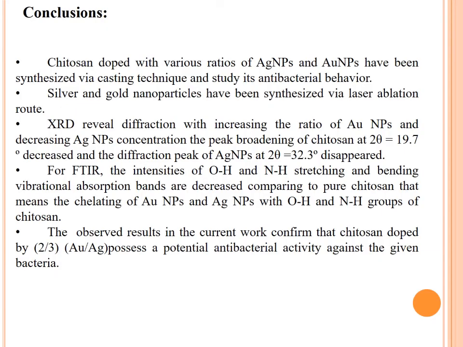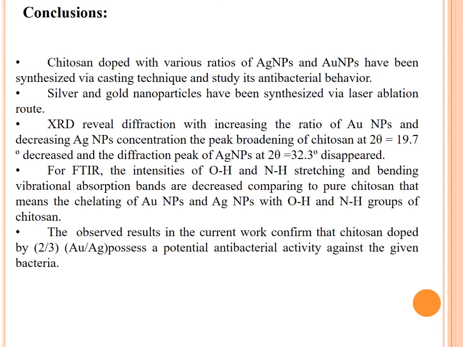Conclusions. Chitosan doped with various ratios of silver nanoparticles and gold nanoparticles has been synthesized via casting technique and its antibacterial behavior studied. Silver and gold nanoparticles have been synthesized via laser ablation route.